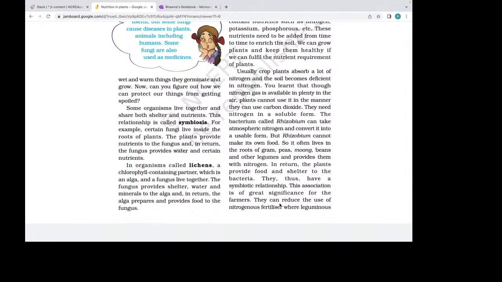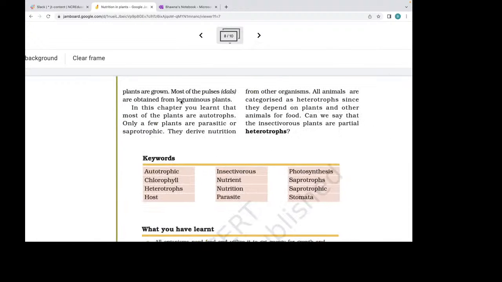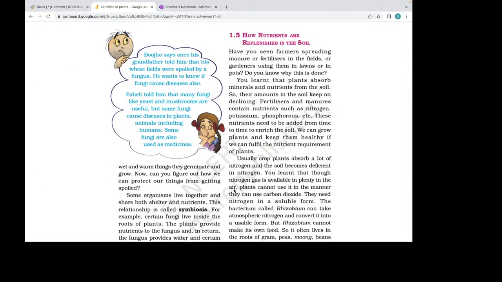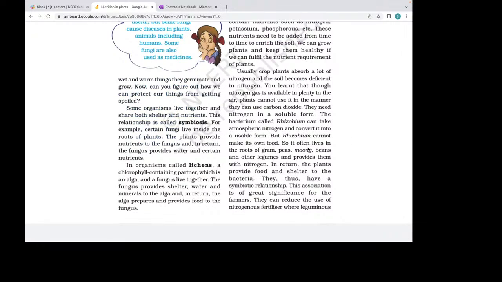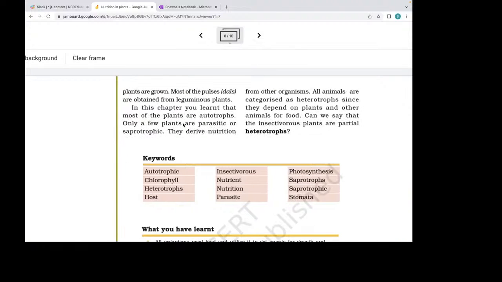So यहाँ पे हमें fertilizers की बहुत ज़्यादा ज़रूरत नहीं होती है. And these plants are most of the pulses, जैसे हमने देखा भी है. These examples: gram, peas, moong, beans. Okay, so these are most of the pulses. Dal are obtained from leguminous plants.